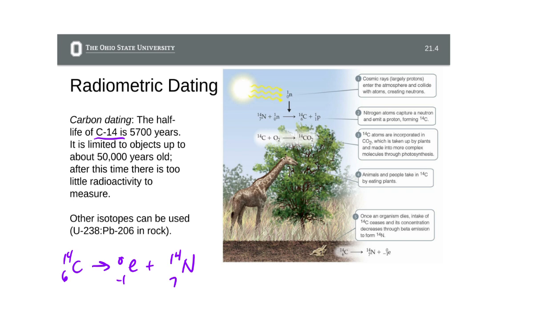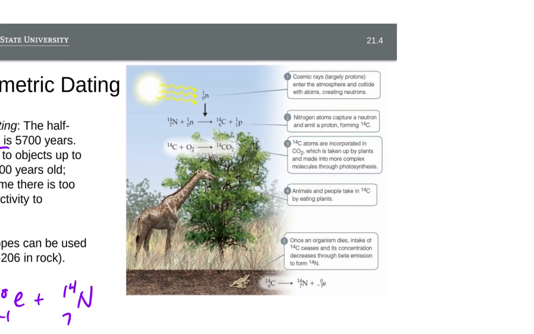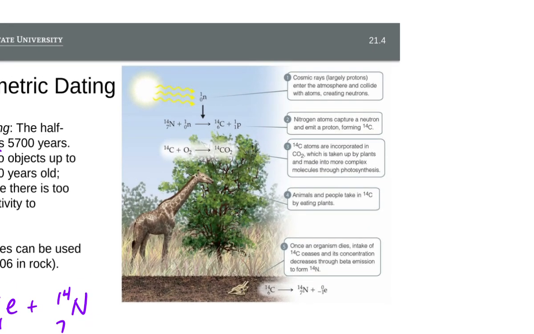Okay. So essentially what will happen is that cosmic rays from the sun, which have high energy, they enter the atmosphere and they collide with atoms.